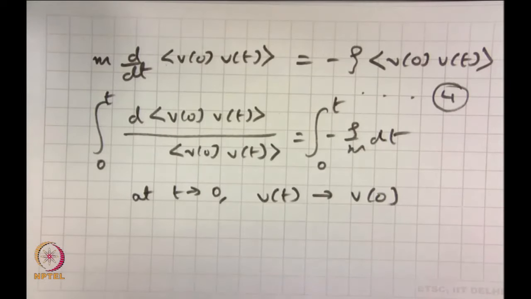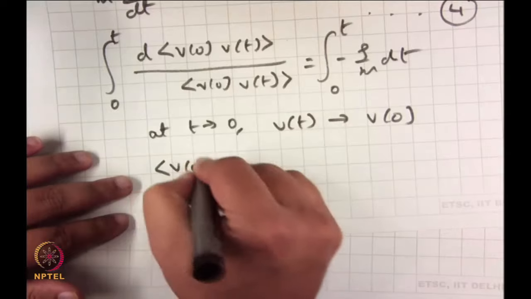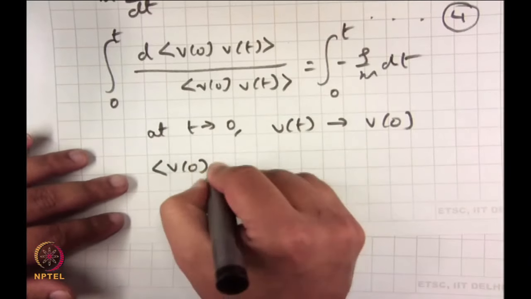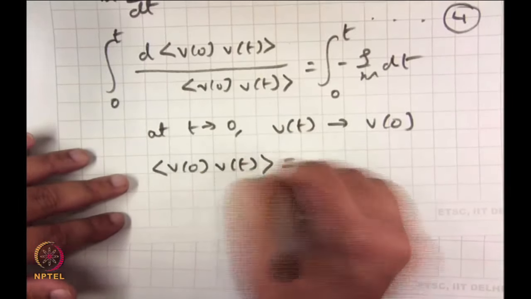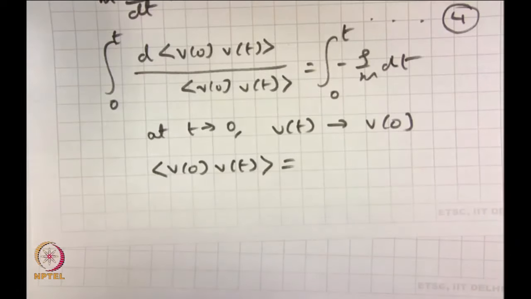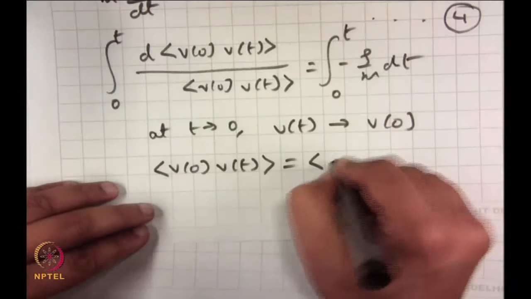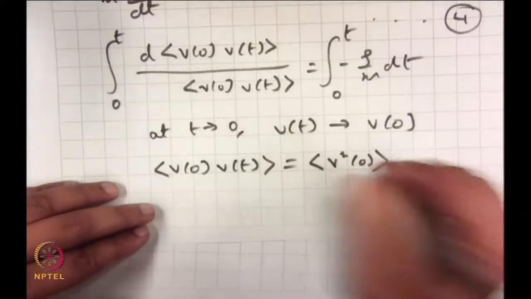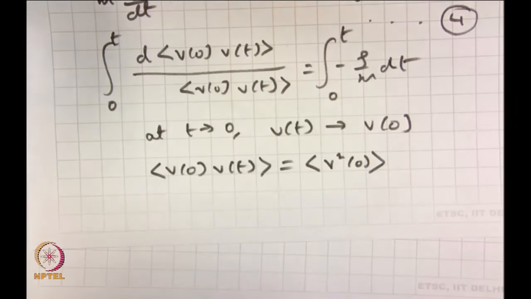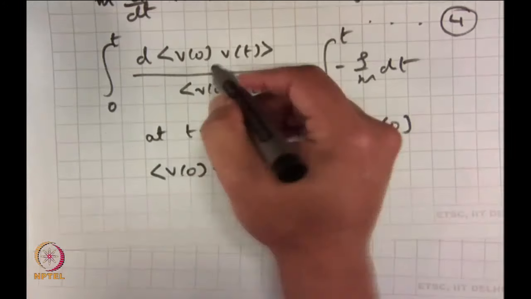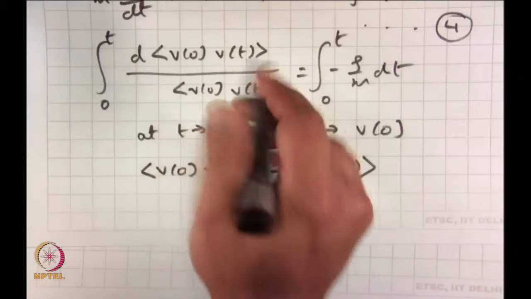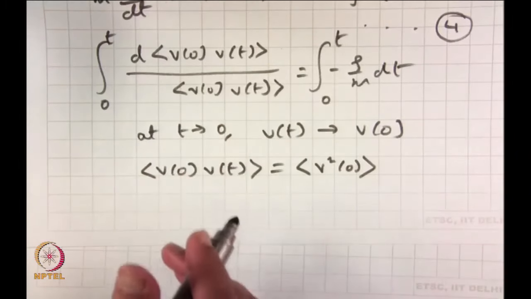So, if I do this integration, what do I come up with? I come up with v naught v(t) is equal to, tell me what is the first factor. If you take the ensemble of v0 v(t) to be x, this is dx over x.